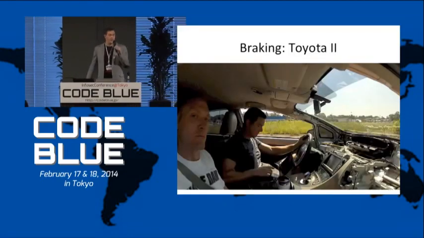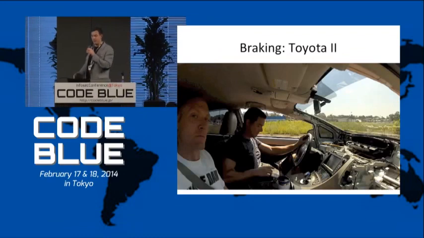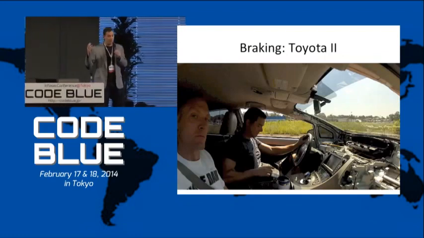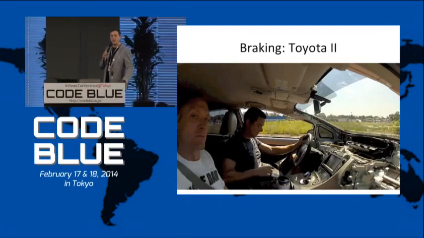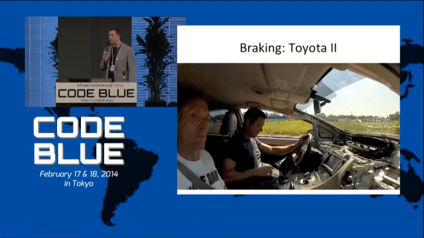Braking in the Toyota was achieved by looking at the pre-collision system right before you were about to be in an accident and then mimicking that traffic. You might ask, Chris, how did you figure out how to almost be in a collision to get this to work?